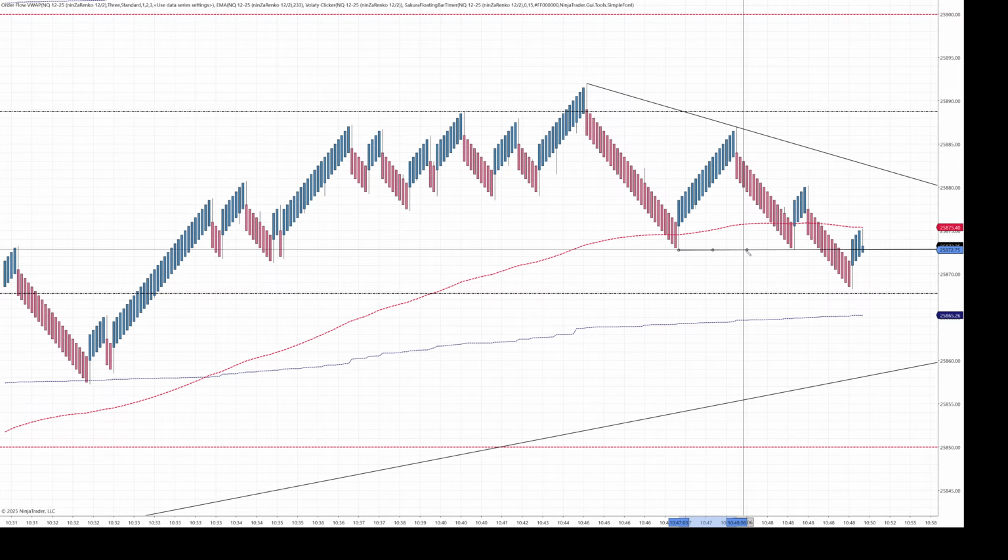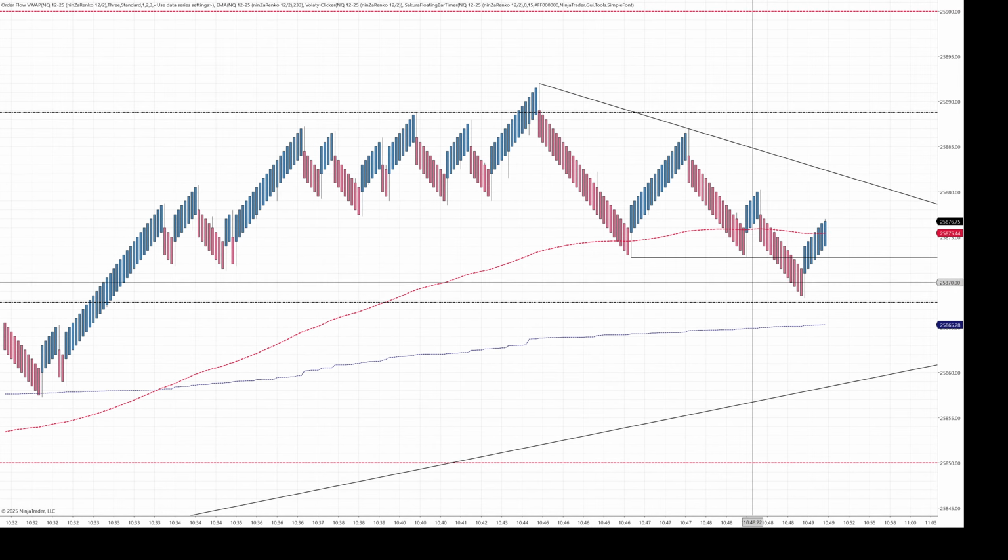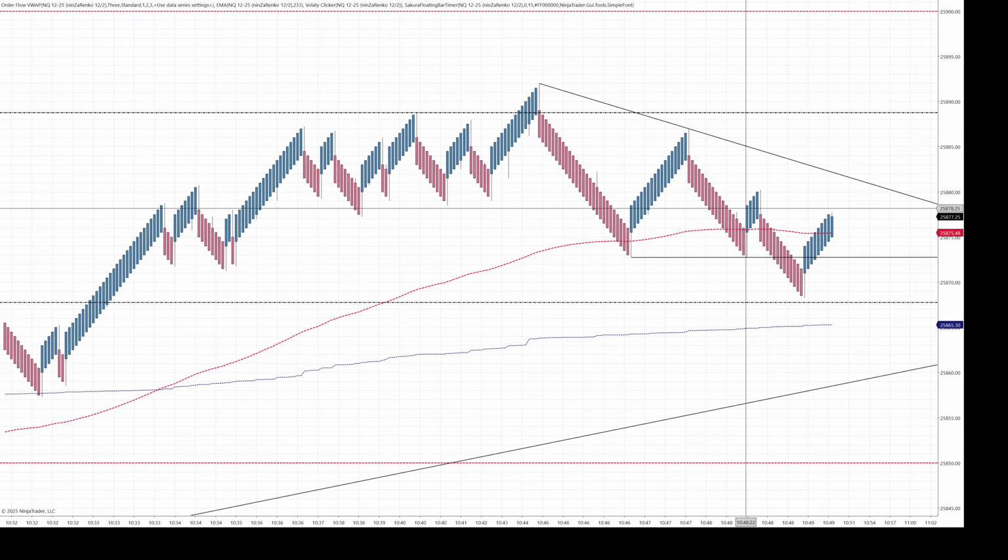We also couldn't have taken the bearish move either. We had this trend line right there too. So both moves are false positives. False positive bearish, false positive bullish.